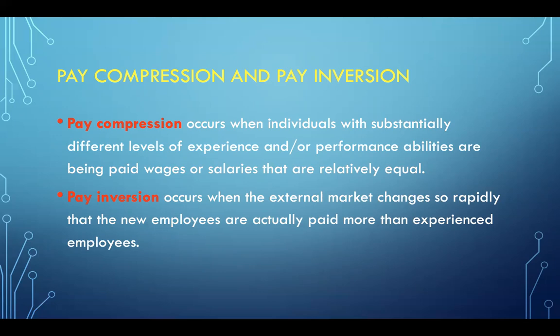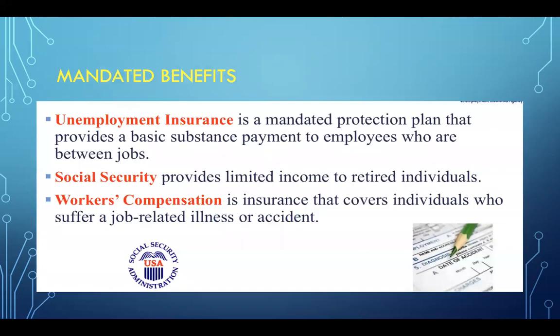And so these are challenges that we do have in companies all the time in dealing with pay compression and pay inversion. We also have to know that in most compensation packages, there are mandated benefits, such as unemployment insurance, which is a mandated protection plan that provides basic subsistence pay to employees who are between jobs.